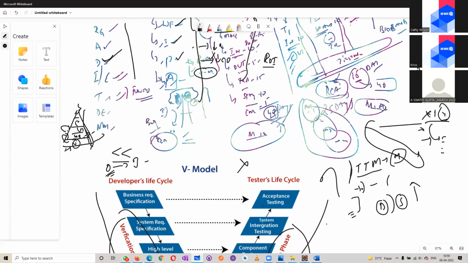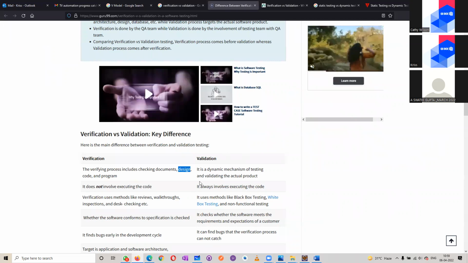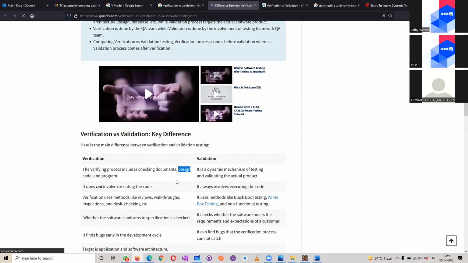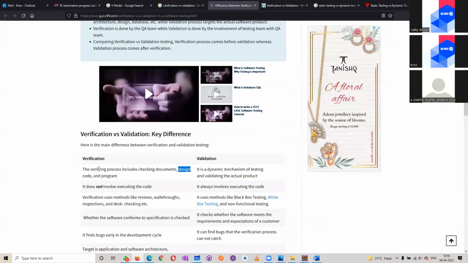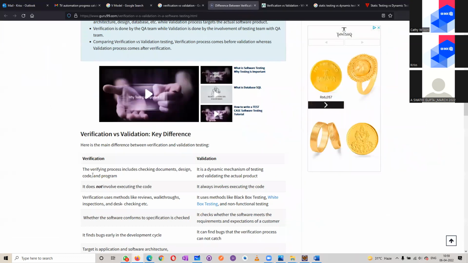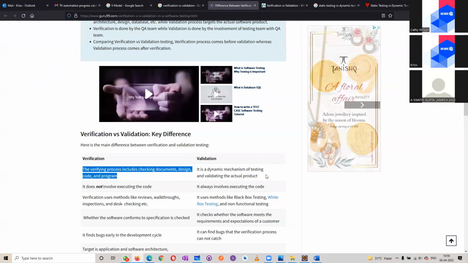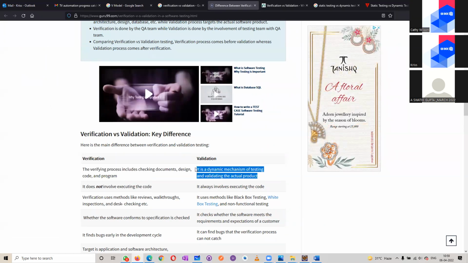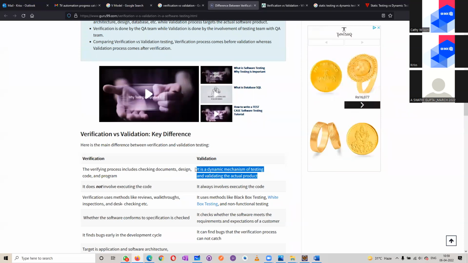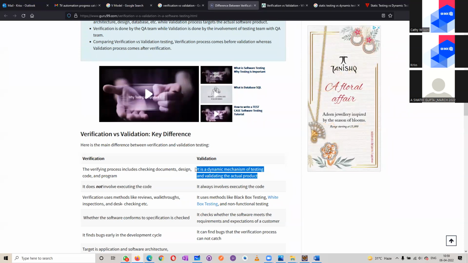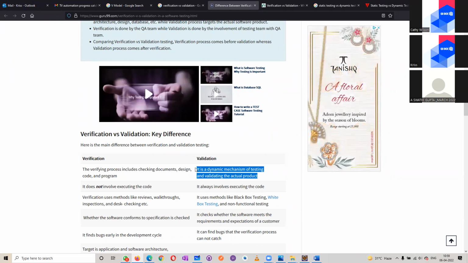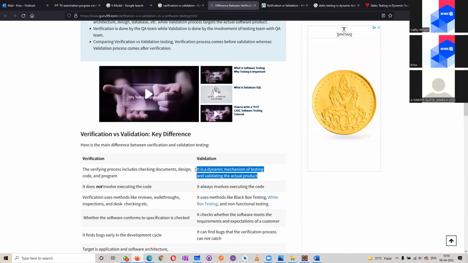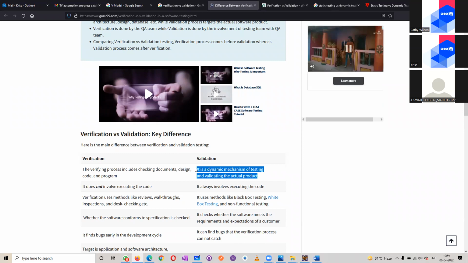The execution processes would come into validation. So the verification process includes documents, design, code, program, everything. But here it will execute and validate whether it is working fine or not. So verifying is a different process, validating is a different process. Validating comes when you do execution. Verifying is the process before we start.